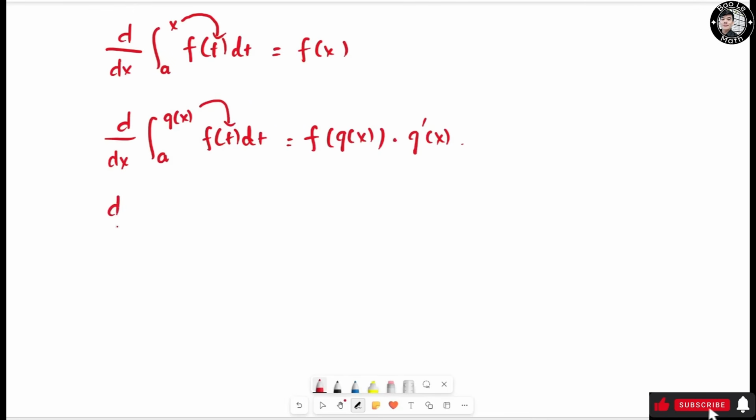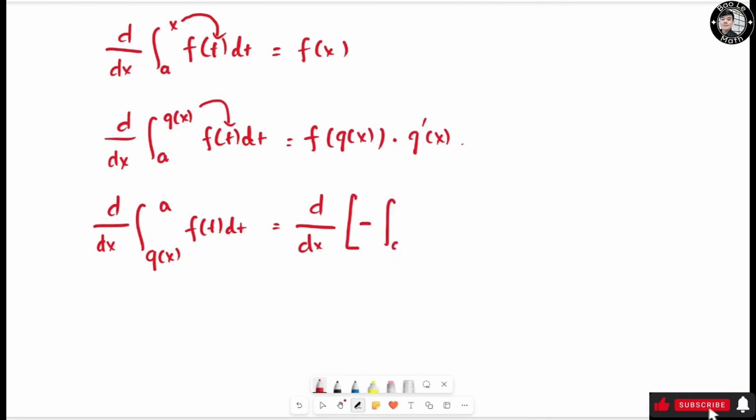Now if you take the derivative with respect to x of the integral from g(x) to a of f(t) dt, it's going to be the derivative with respect to x of negative the integral from a to g(x) of f(t) dt, right? So it would be negative f(g(x)) times g'(x).